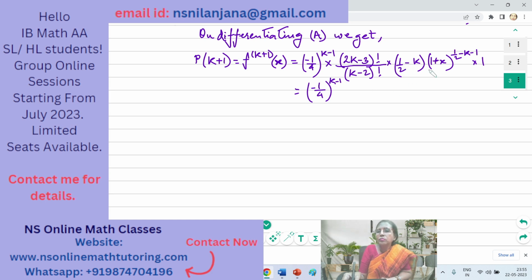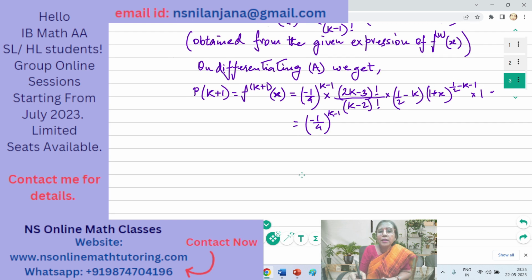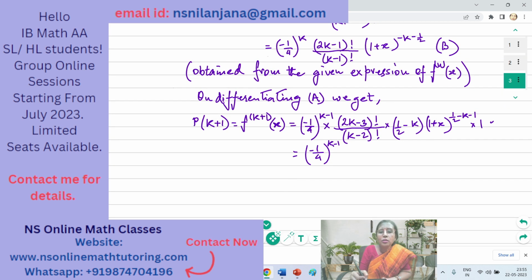The only thing that we can do is half minus k minus 1. This can be written as negative half negative k. Otherwise, we will be eliminating this one. We do not have to write 1 anymore. So this is the only modification that we can do. Let us not try to simplify this part because we cannot do much to it.